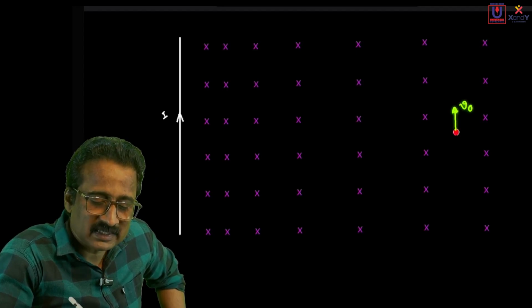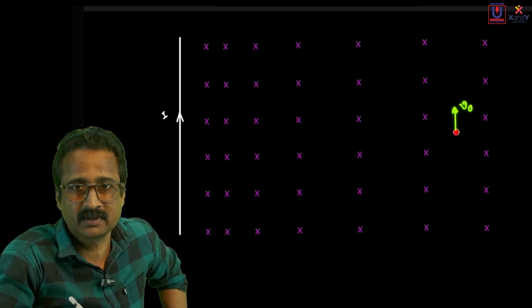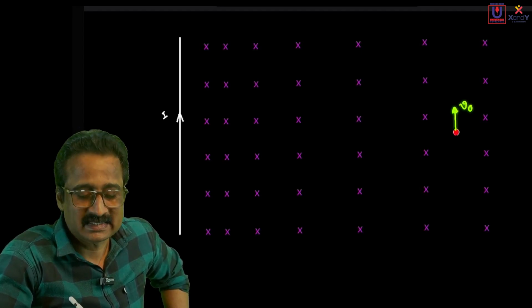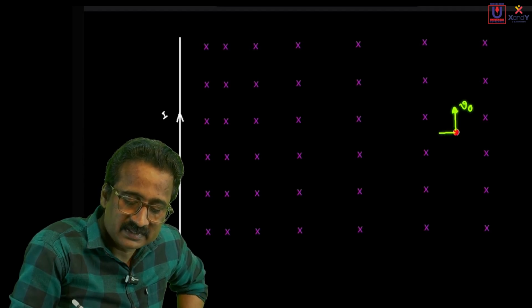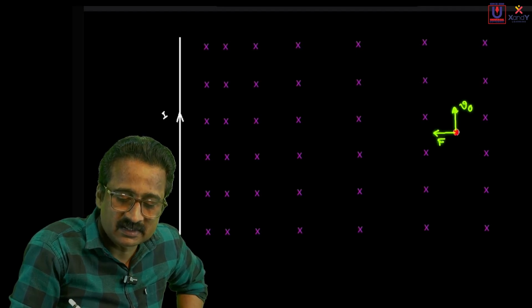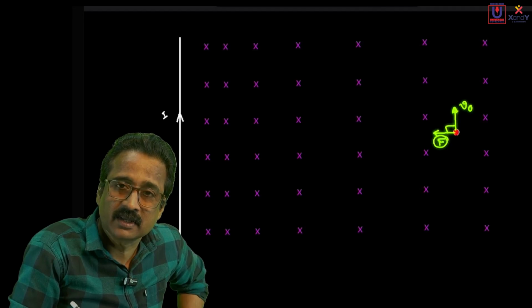When that particle is projected with the velocity V0, remember the particle is moving in a magnetic field. Certainly it will experience a magnetic Lorentz force. As it is given some velocity upward, certainly a force will develop like this, which is nothing but the magnetic Lorentz force. And this magnetic Lorentz force will certainly be perpendicular to velocity.